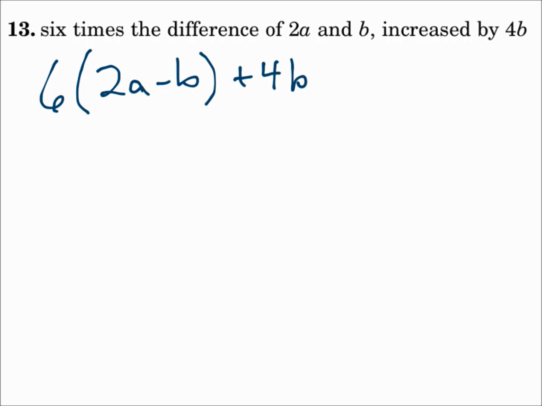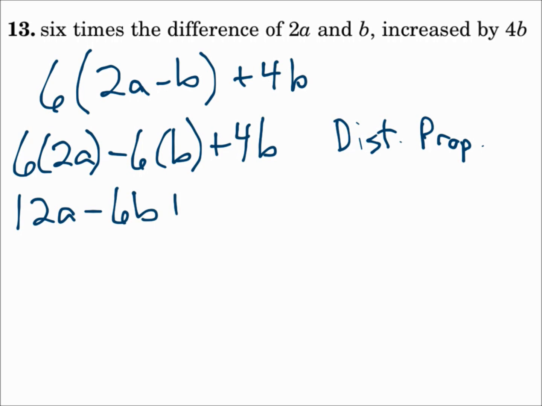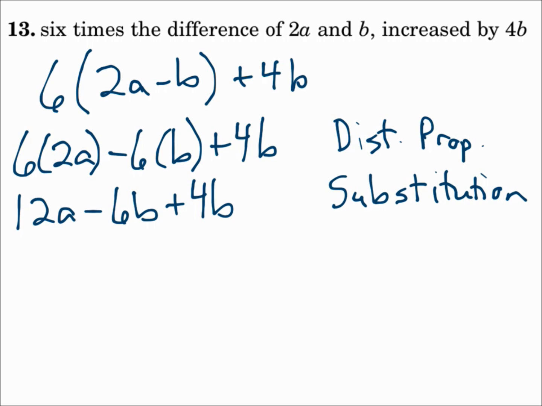Do the distributive property. 6 times 2a minus 6 times b plus the 4b, and that reason is the distributive property. Now work that out. 6 times 2a is 12a. 6 times b is 6b. That's substitution. Now we have b's that can combine.